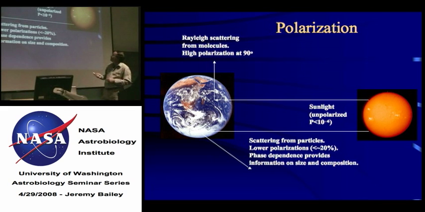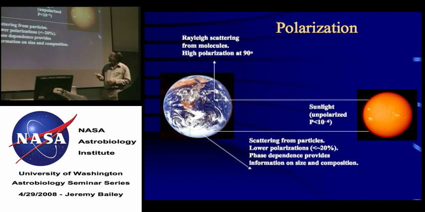So scattering off molecules, Rayleigh scattering, produces very high polarizations that peak at a 90-degree scattering angle. Scattering off particles, such as cloud droplets and aerosols in the atmosphere, also produces polarization, at somewhat lower levels, 20% or less.